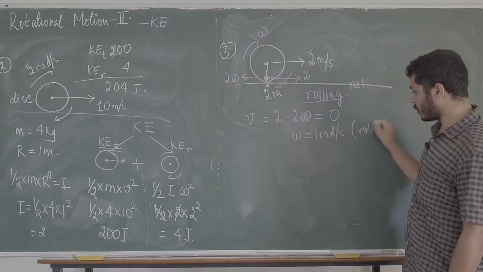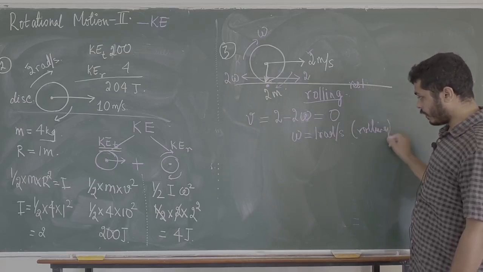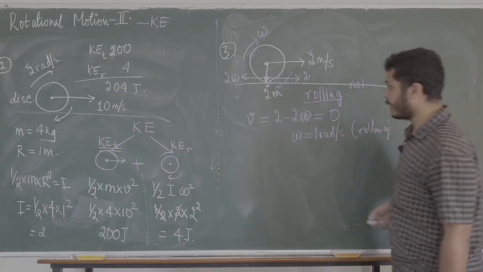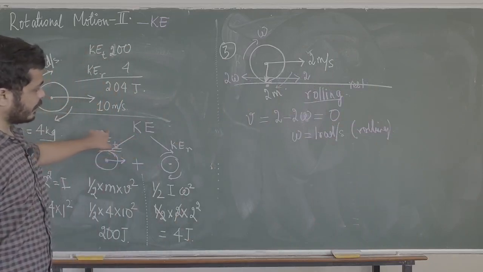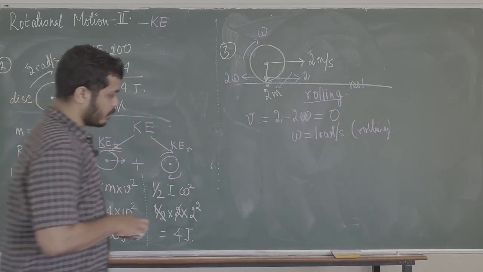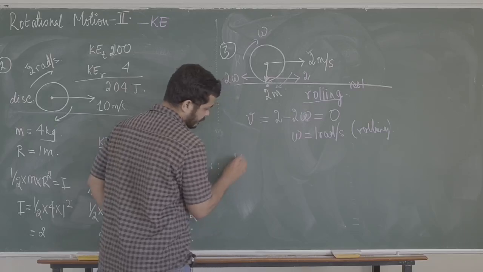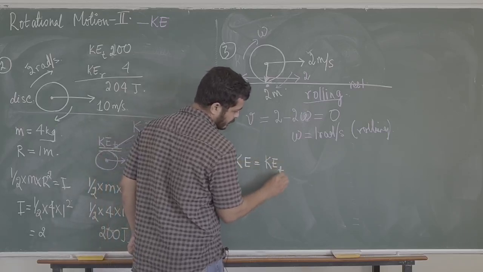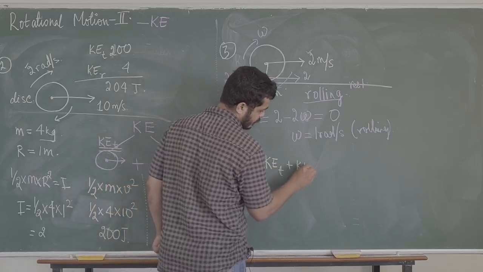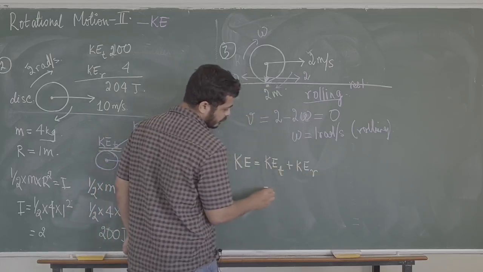This is because something is rolling. Now my question is, what is the total kinetic energy? Again, total kinetic energy is because of translation plus because of rotation. So you will just simply write kinetic energy is kinetic energy of translation plus the kinetic energy of rotation. So what is the kinetic energy of translation?